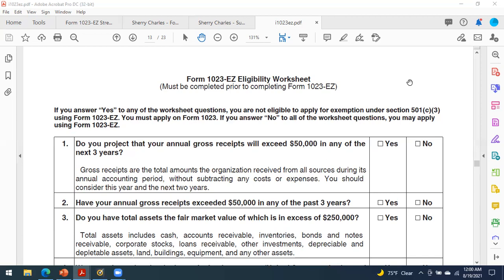And the reason why is because when you look at your projected expenses, let's not worry about the receipts right now, but what are your projected expenses for 2021, 2022, and 2023? How do you determine that?